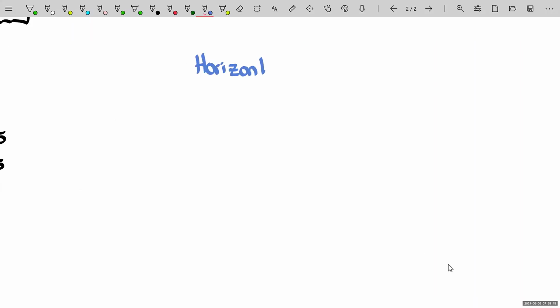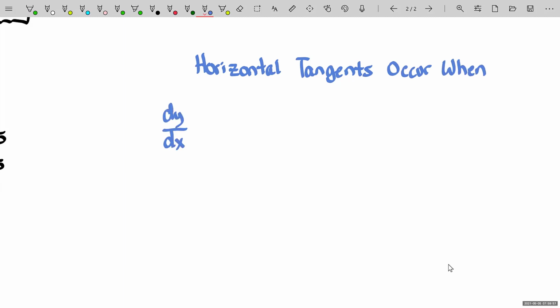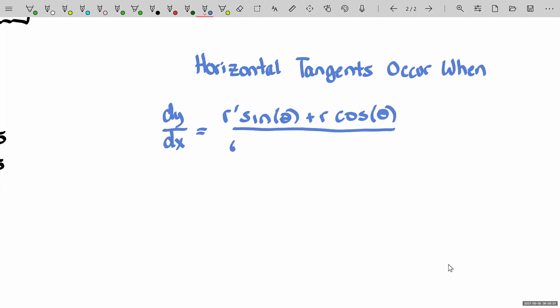Horizontal tangents occur when r prime sine theta plus r cos theta over r prime cos theta minus r sine theta occur when this, and I'll point, is 0.